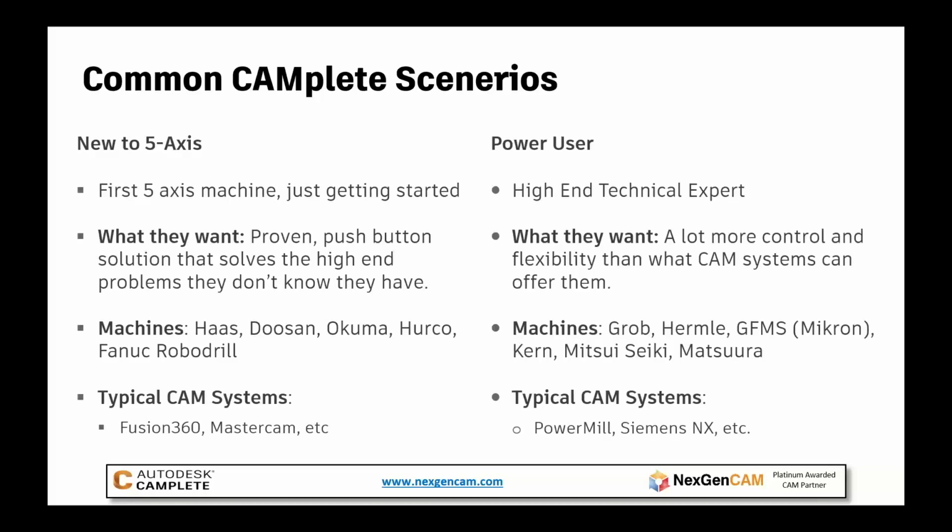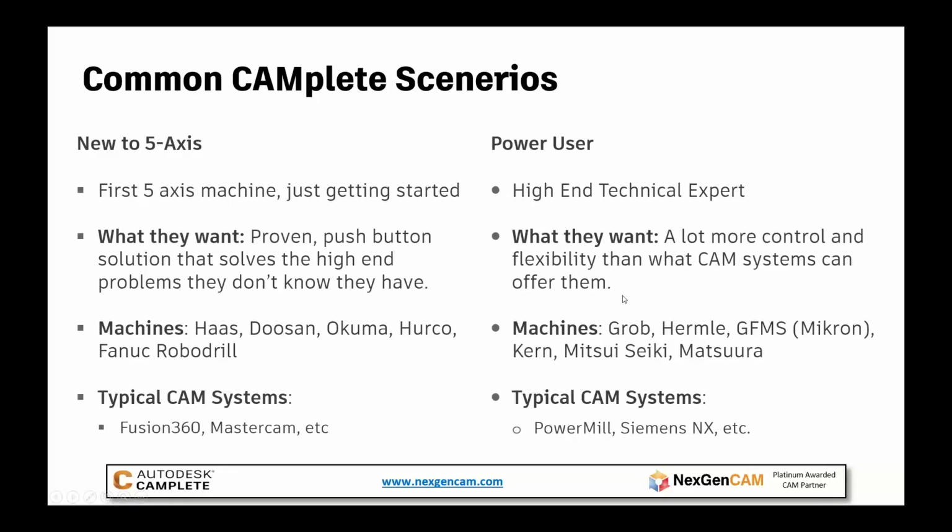And then on the other end of the spectrum, we have the high-end power users who want and need that very high level of control over the toolpath, how all those elements are put together, and that very fine level of detail that didn't necessarily show in that presentation, but I'm more than happy to go back to it.